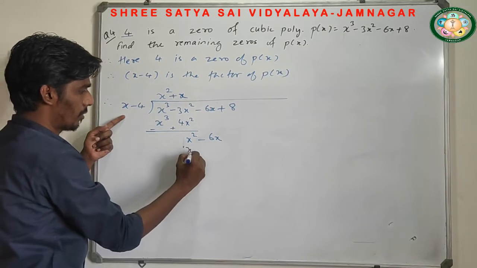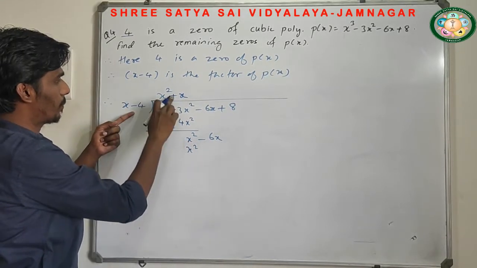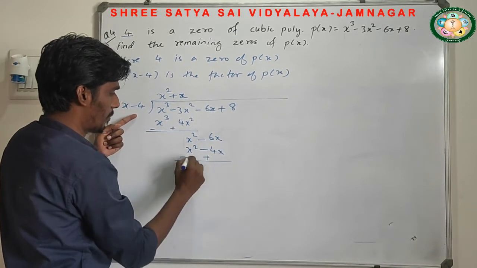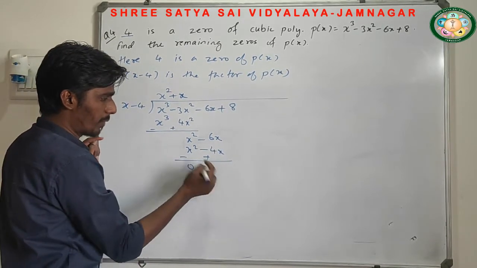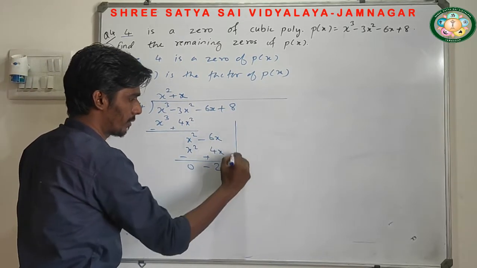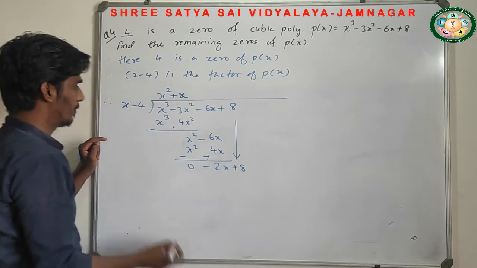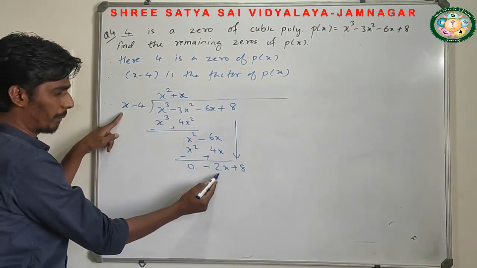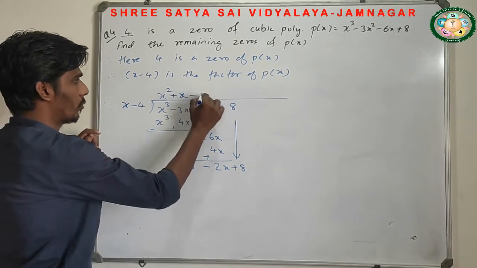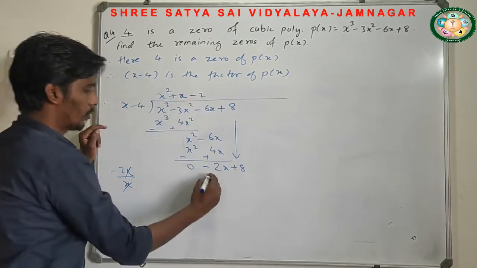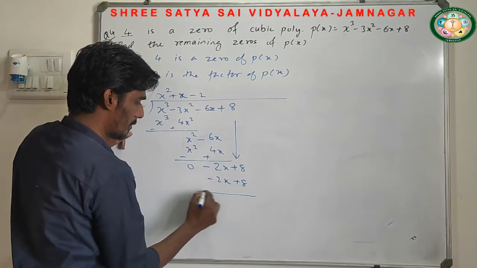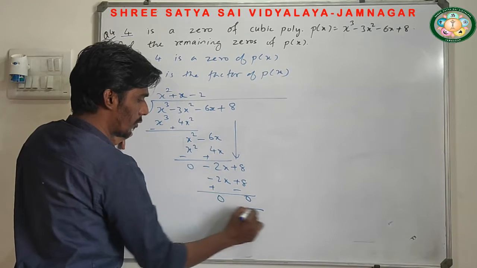X into x, x square, minus plus minus 4x, plus minus 0 here, minus 6 plus 4, greater number sign minus, it's 2x, and this is 8. X into what am I going to multiply? Minus 2x upon x, x cancel, so here it's minus 2. So minus 2x minus minus plus 8, 0 0.